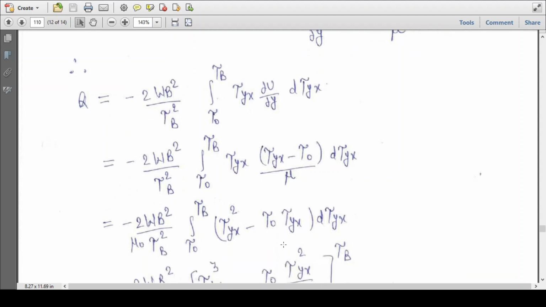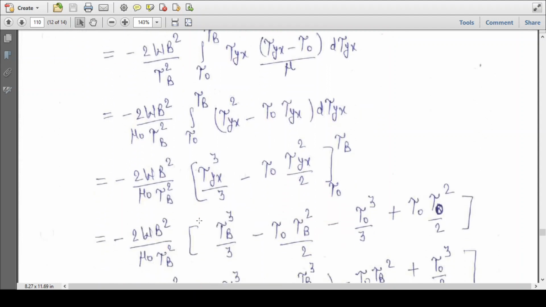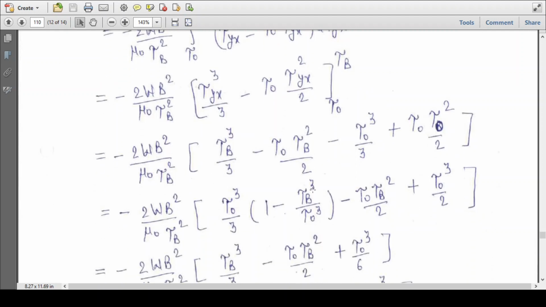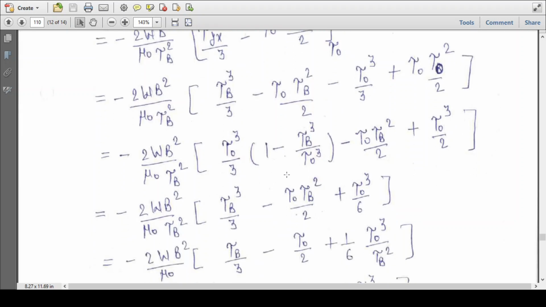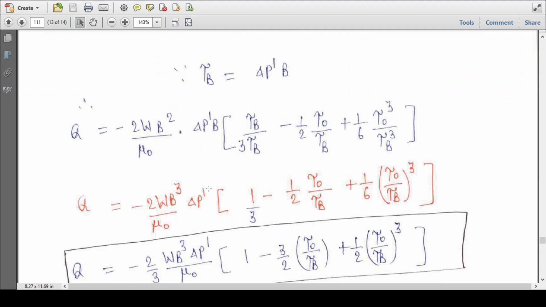Now this term can be integrated, so if you integrate that, you will get tau yx cube upon 3 minus tau naught tau yx square upon 2, from tau naught to tau b. Now this can be evaluated by substituting both the limits. Arrange and simplify properly, and finally substitute tau b equal to delta p dash b. You know that.